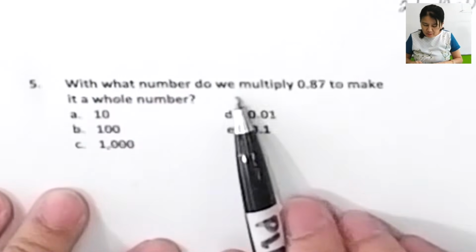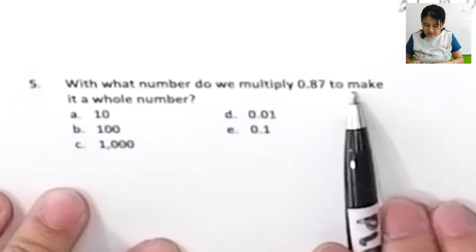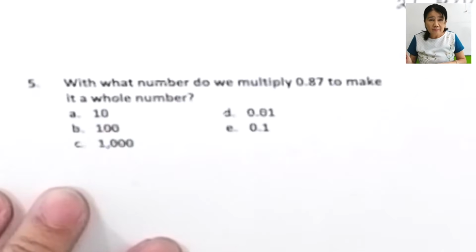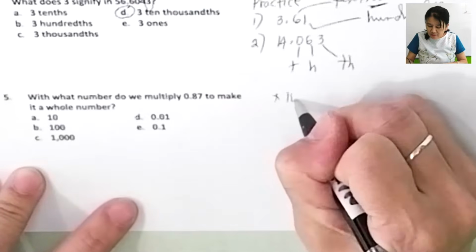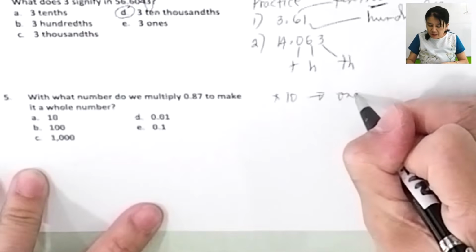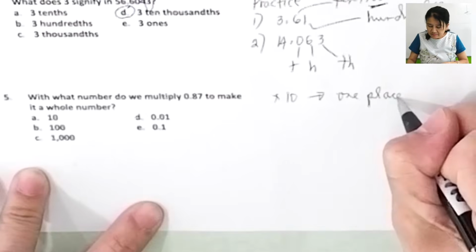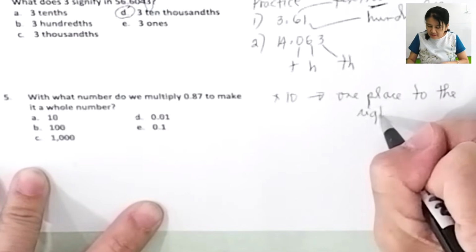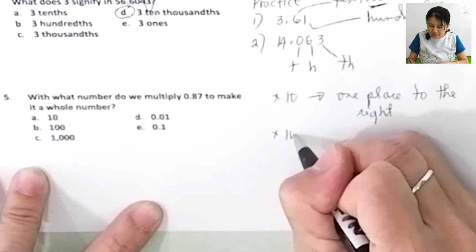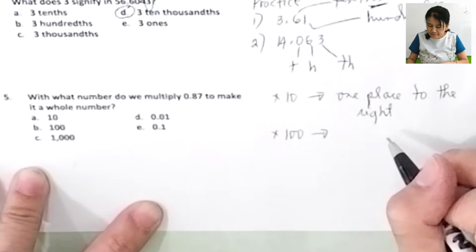With what number do we multiply 0.87 to make it a whole number? Remember, when you multiply by 10, you move the decimal point one place to the right. Move it one place to the right. And when you multiply by 100, you move the decimal point how many?